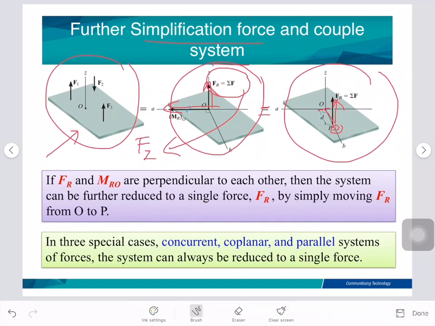So if the force resultant and moment resultant are perpendicular to each other, then the system can be further reduced to a single force resultant by simply moving the force resultant from O to P. And there are three special cases: concurrent, coplanar, and parallel systems of forces can be reduced to a single force. Okay, now we move to the example.